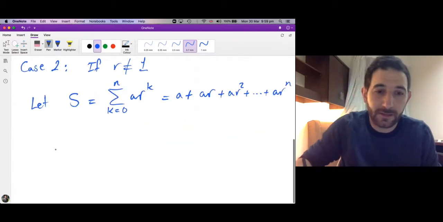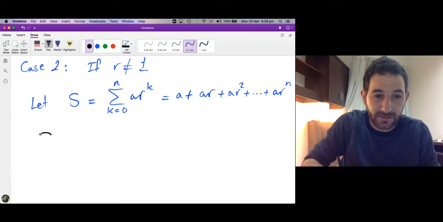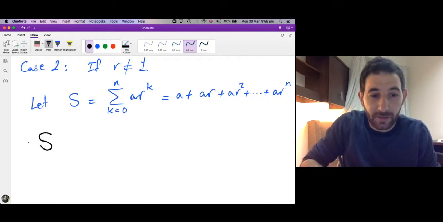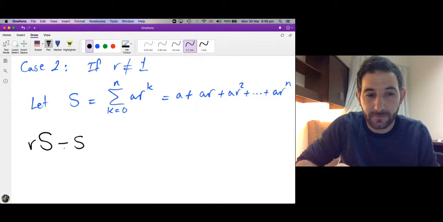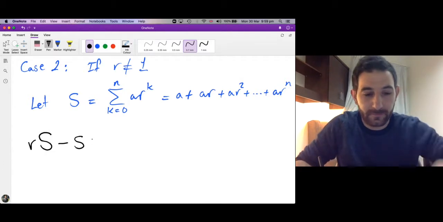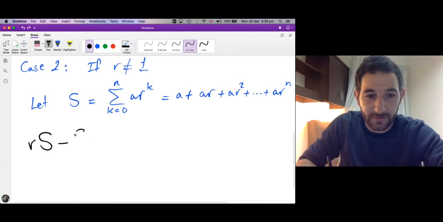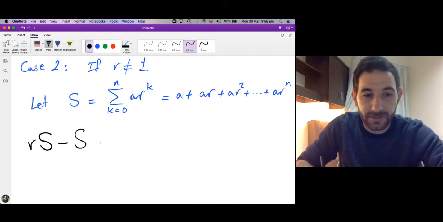Now what is the trick? Is that you take S, this summation, you multiply it by R, the common ratio, and you subtract S, the same S. Let's see what is this number. So this is R, and what is S?